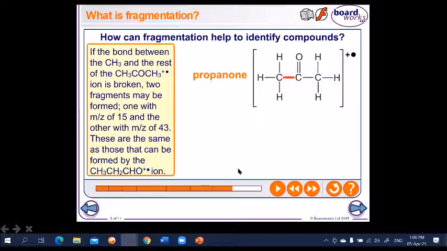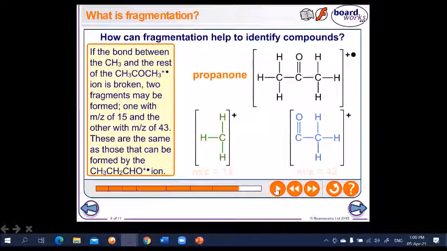All right, so if the bond between the CH3 and the rest of the CH3CO CH3 plus ion is broken, two fragments may be formed, one with an m/z of 15 and the other with an m/z of 43. These are the same as those that can be formed by the CH3CH2CHO plus ion.